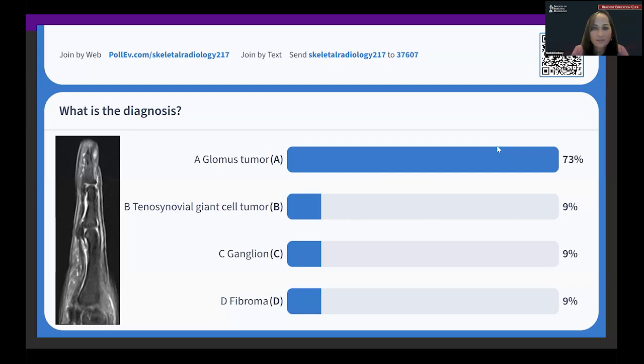Okay, so we have a few of all the answers, but the majority of the answers are glomus tumor.